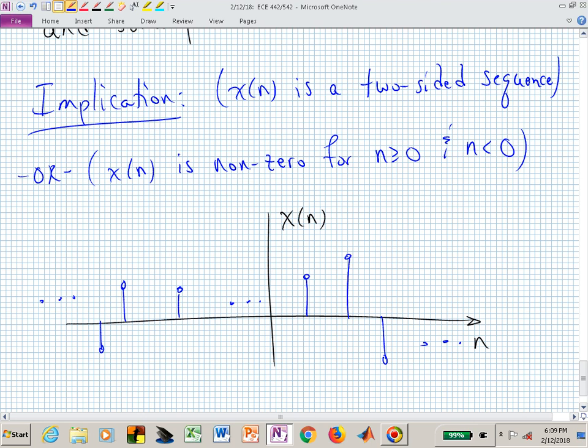What time sequence was associated with the region of convergence that was inside all of the poles? That was when we had negative indices, or an anti-causal sequence. And then finally, when we had the donut, we had poles inside and poles outside that region of convergence. That's where we had a two-sided time domain sequence.